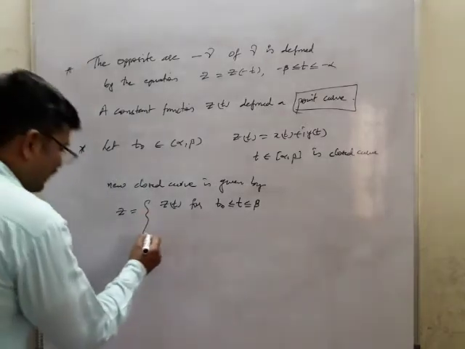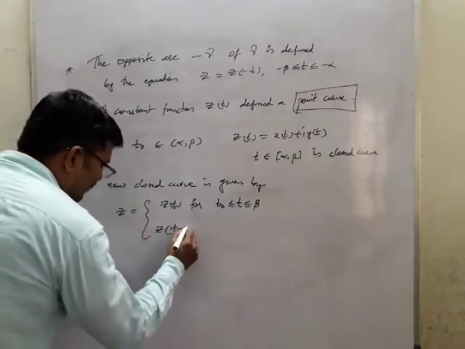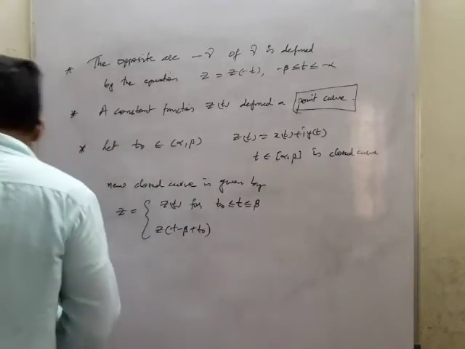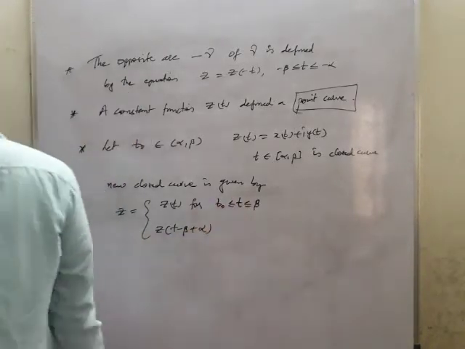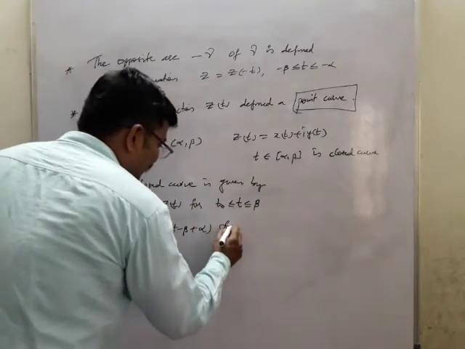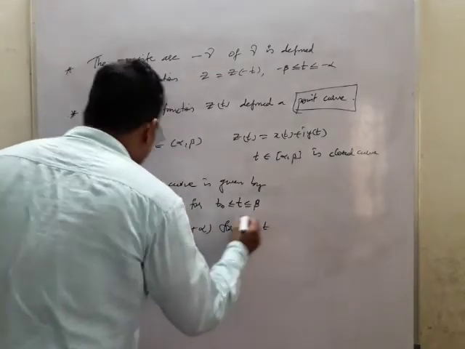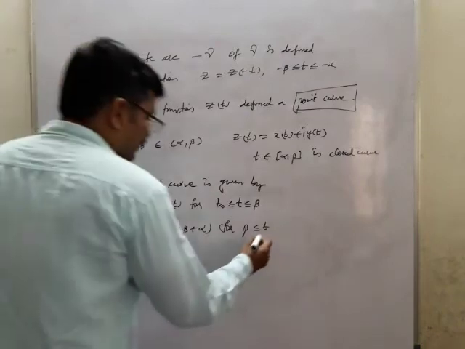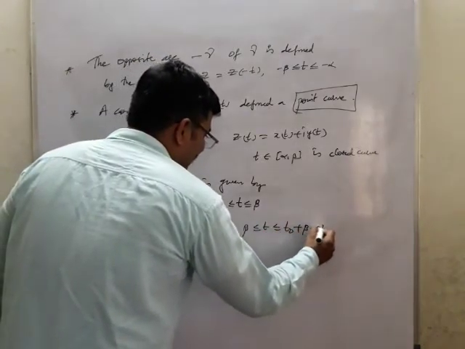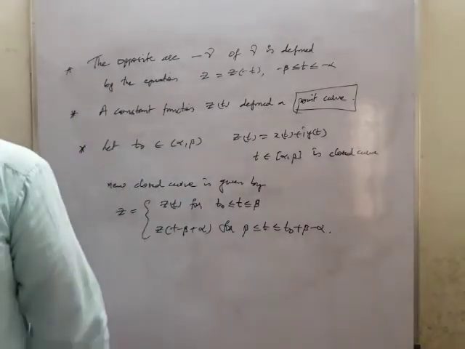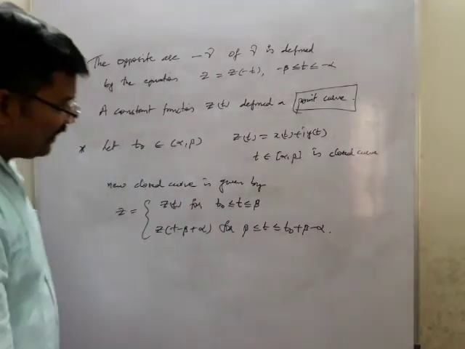Then next, z of t minus beta plus alpha for beta less than or equal to t less than or equal to t naught plus beta minus alpha.